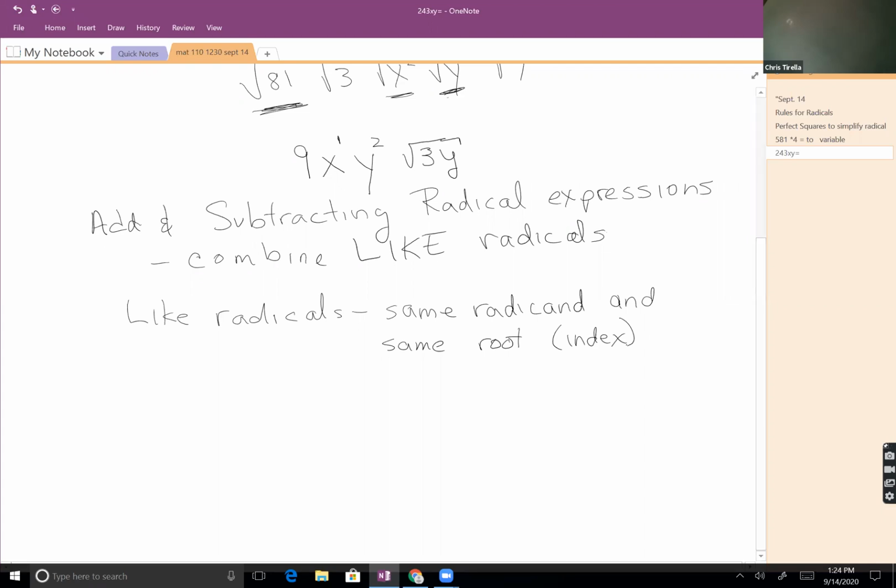We'll be looking at different indices later. We're going to combine like radicals by adding their coefficients and keeping the radical part the same.